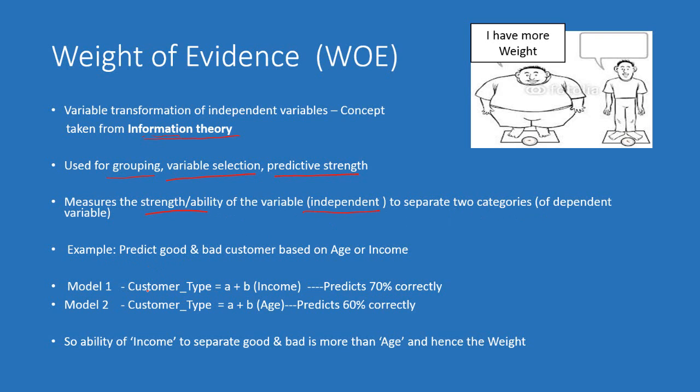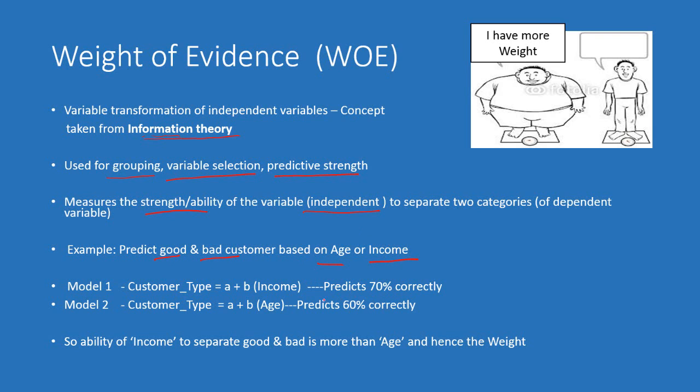For example, let's say the dependent variable with us is the category of customers. A customer could be a good customer or a bad customer. Like in a logistic regression, if it's a good customer, we assign it as 0, and if it's a bad customer, we assign it as 1. And we have two independent variables: one is age, and the other one is income.